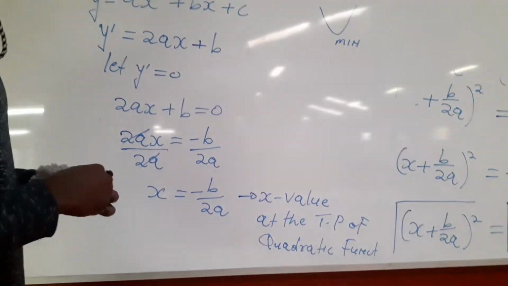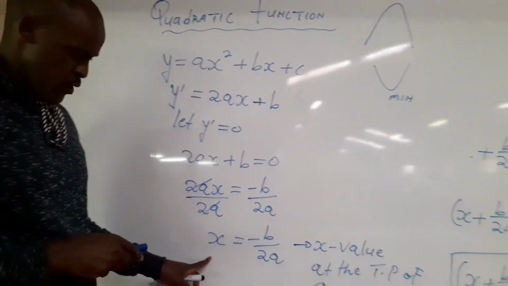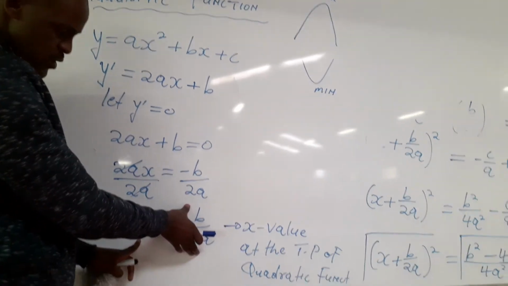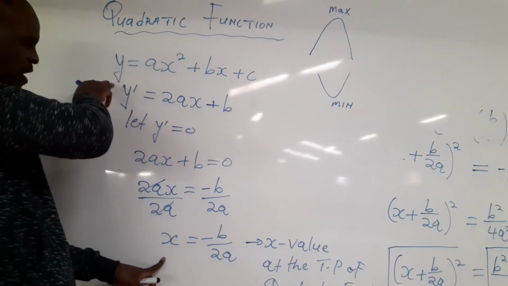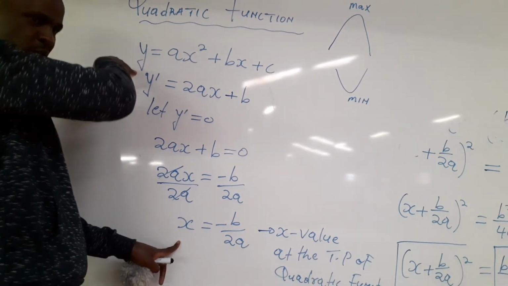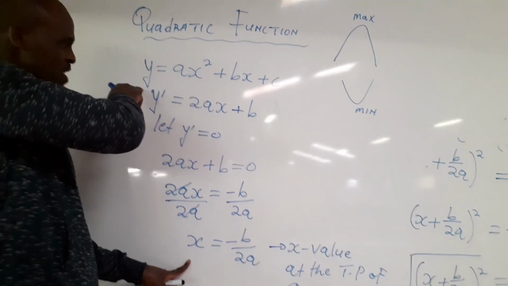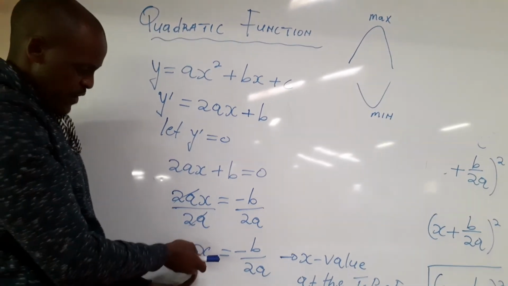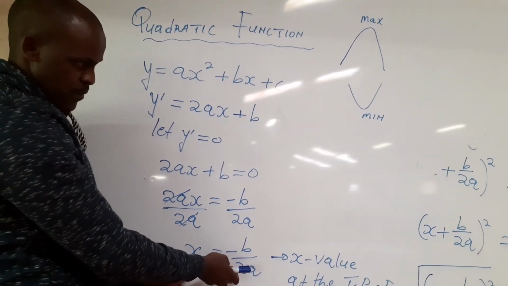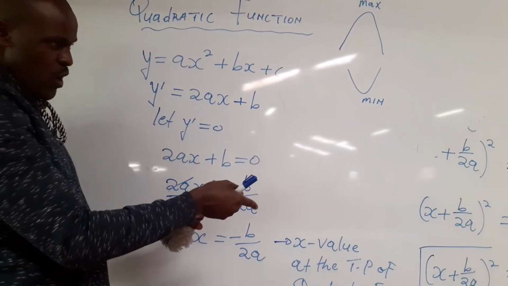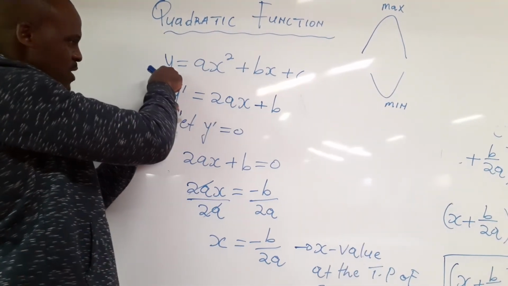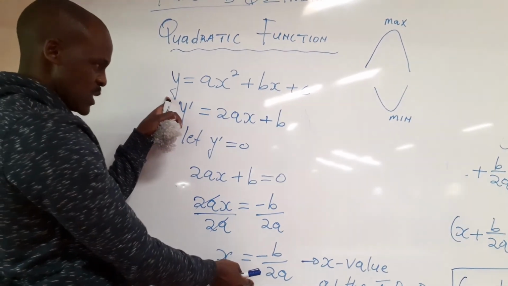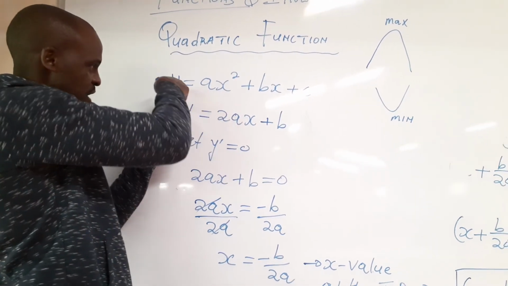Right, for the y value, you take this value and substitute it into the original equation to find our y. So to see what is the value of y if x is equal to this, because they have to be x to y, you compare the two. If x is equal to this, what is the value of y? In other words, you use this value in the place of x to find the value of y.